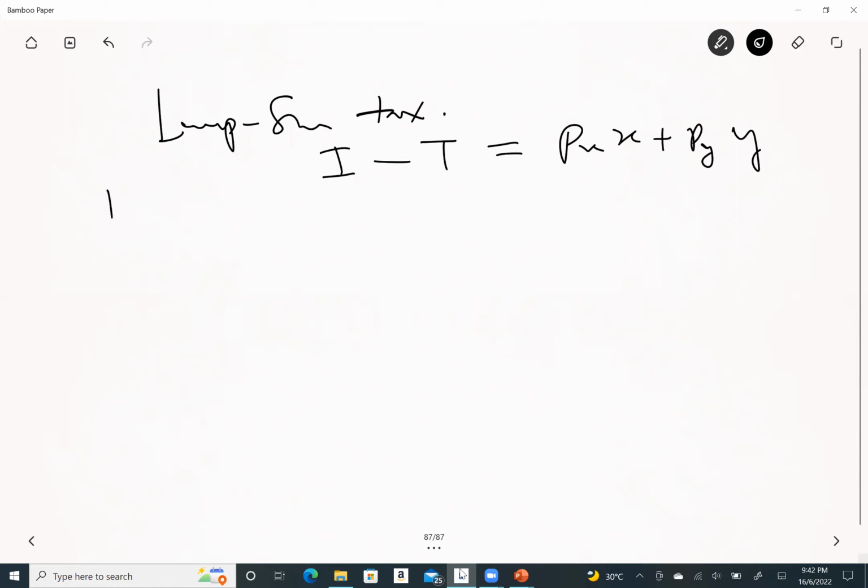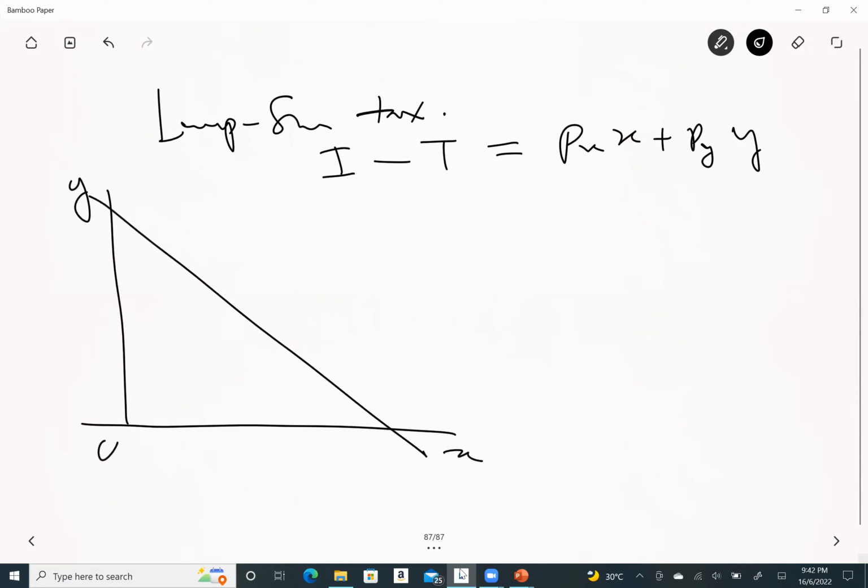So what happens is that your budget line, with X and Y, will just shift downward parallel. So you get equilibrium going from E0 to E1, U0, U1. So that is the lump sum tax.